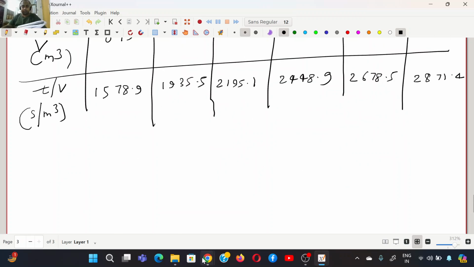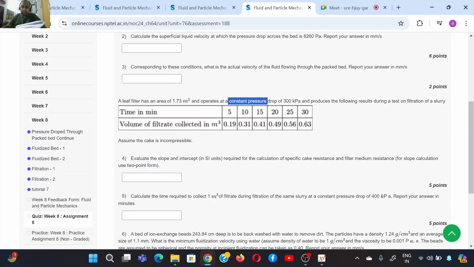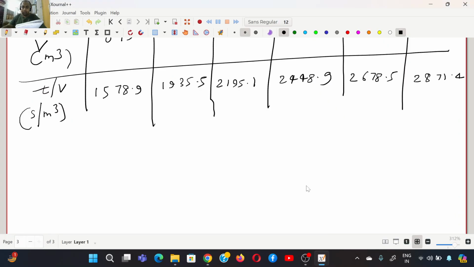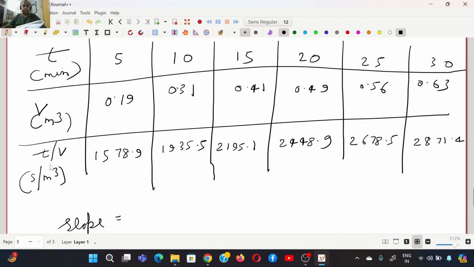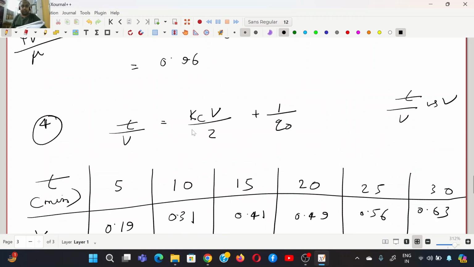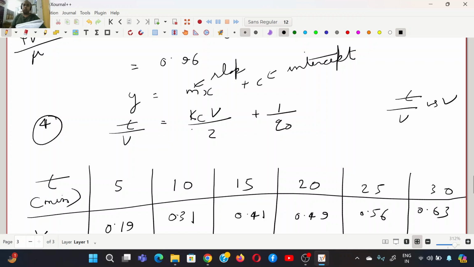They have told us to evaluate the slope and intercept required for the calculation. For slope calculation, use the 2-point form, which is normal: slope is y2 minus y1 by x2 minus x1. Y is t by V and x is V. In y is equal to mx plus c, c is the intercept, which is 1 by Q naught, and m is the slope, which is Kc by 2.